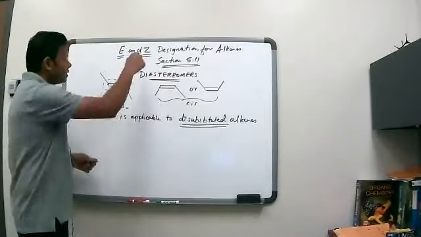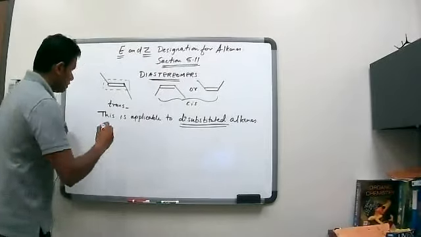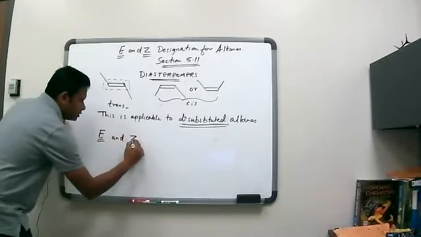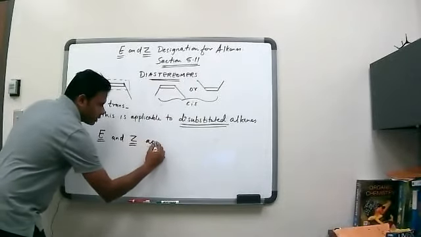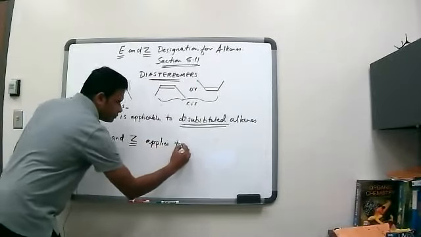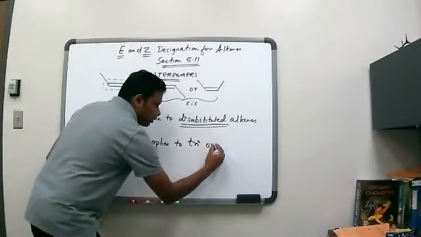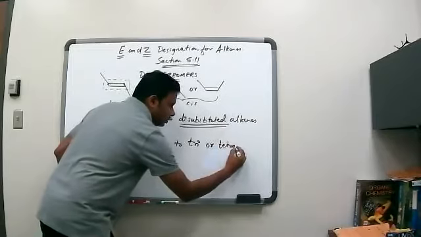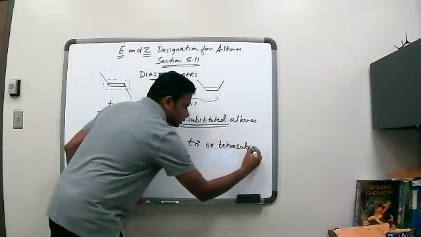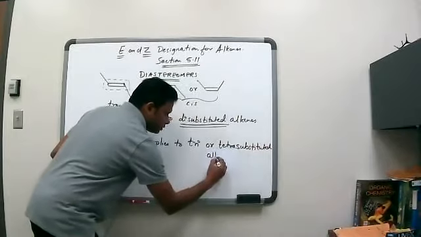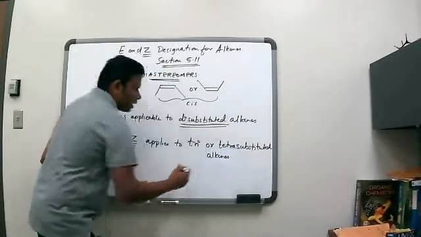So the E and Z designation applies to tri- or tetra-substituted alkenes.